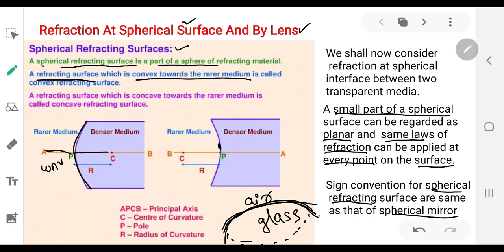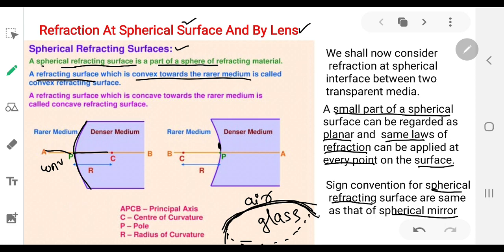Distances measured along the incident direction are taken as positive, and distances measured opposite to the direction of the incident ray are taken negative.